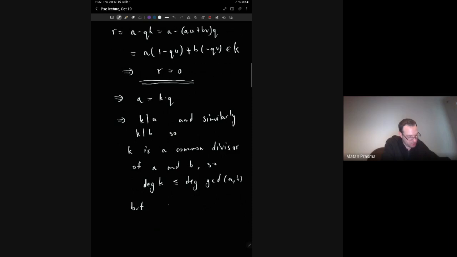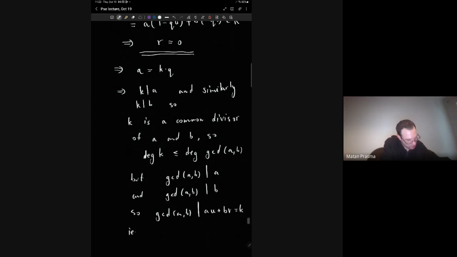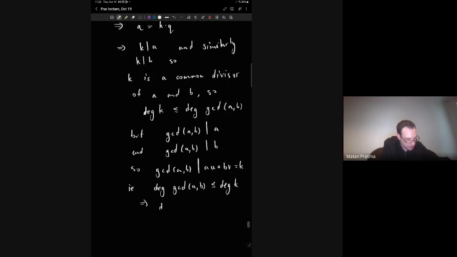But a GCD of A and B divides, of course, A and divides B. So the GCD of A and B has to divide AU plus BV, which is K. And in particular, the degree of GCD(A, B) has to be smaller or equal to the degree of K. But this, of course, means that the two degrees are equal.